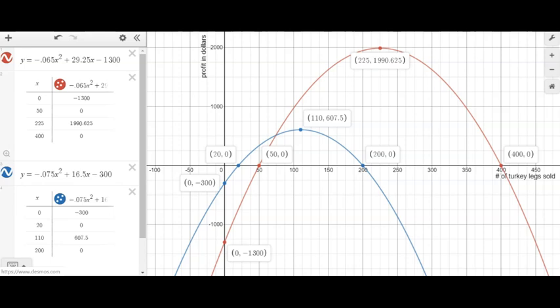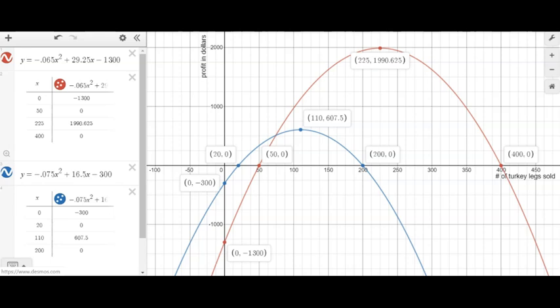Again, we know that there are 2 other break-even points. So on the rainy day, the other x-intercept is the other break-even point, or at 200, and 400 for the sunny day. So for the rainy day, the blue function, any number of legs sold greater than 20 but less than 200 would result in a profit, versus the sunny day, any number greater than 50 but less than 400 would result in a profit.